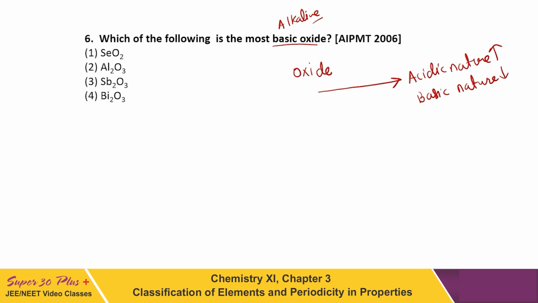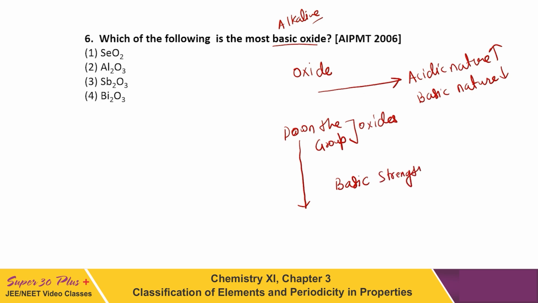decreases. But if you go top to bottom, down the group in the periodic table, for oxides, obviously, their basic strength increases and their acidic strength decreases.